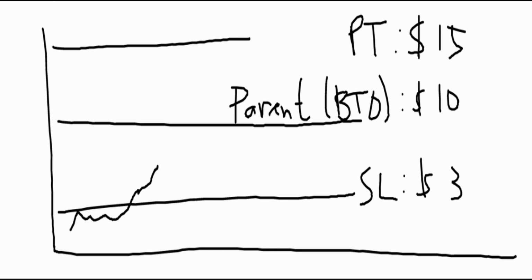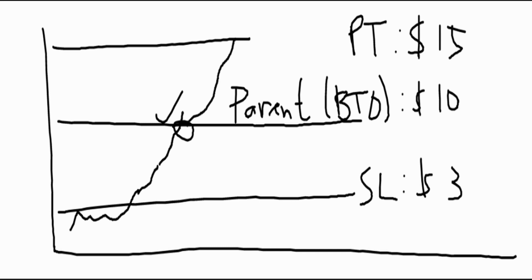This is the price at which you're willing to sell the stock if it starts going down to minimize your losses. So, if the stock's price goes up and reaches $10, your parent order will be filled and you'll buy the stock. Once you bought it, your broker will automatically activate the PT or profit taker and stop loss orders.